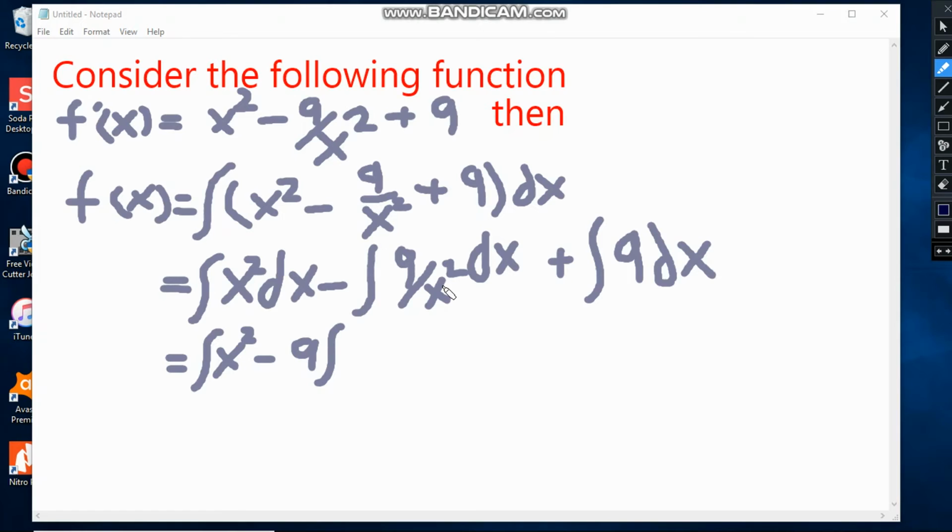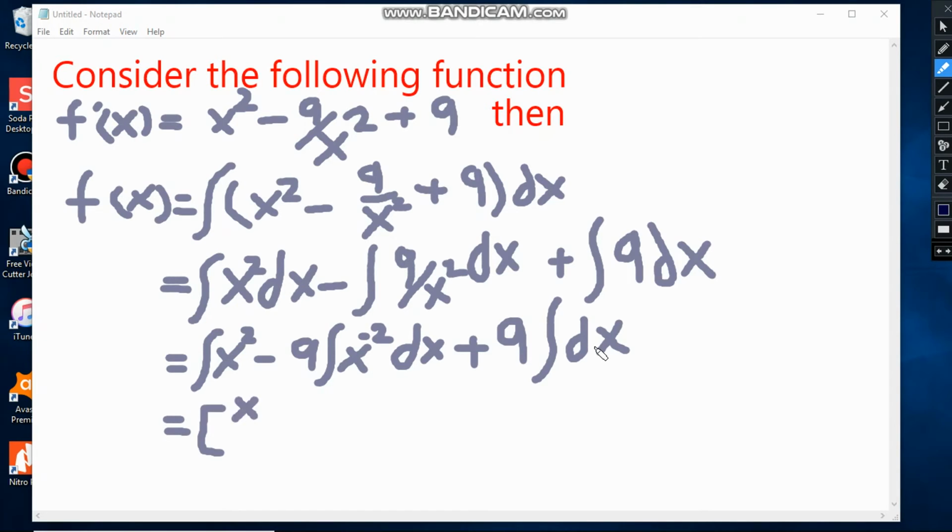That x raised to negative 2 is equal to 1 over x squared. This is from algebra. Plus 9 is a constant, we take it out and we remain with the derivative of x.